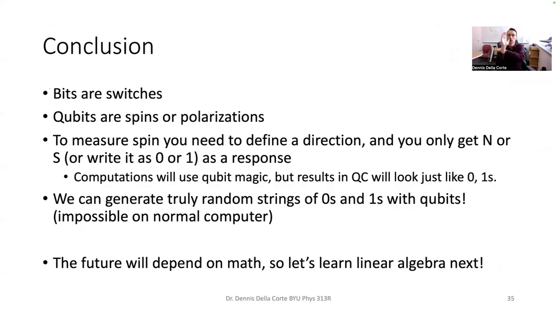And if we alternate those measurements, we can create completely random numbers, a series of random numbers. We think those are random numbers. We've tried to test them in various ways and never found anything that suggests that there's a hidden pattern behind them. So that's something that's completely impossible on a normal computer. That's quite cool. You can do that with a single qubit.